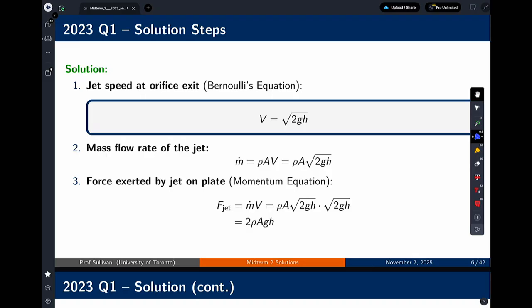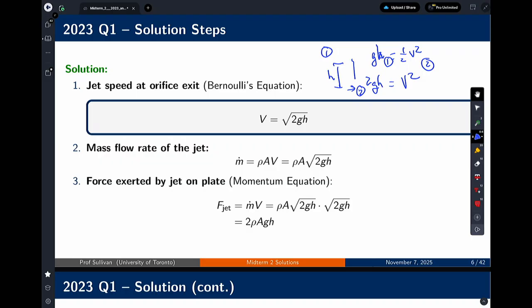So jet velocity coming out is just going to be based on H. If you do Bernoulli equation, you're going to have gz equals 1/2 v squared, so gH equals 1/2 v squared, and you end up with v equals square root of 2gH.